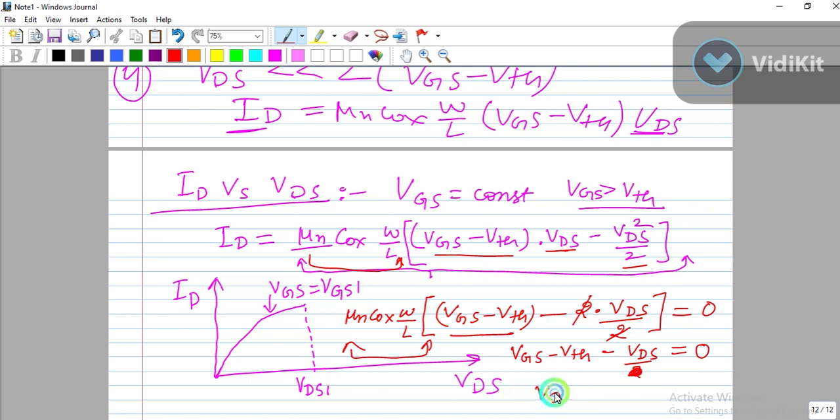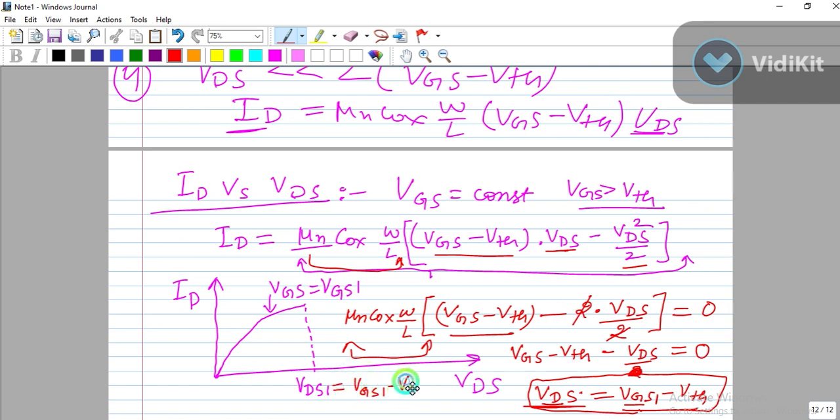So VDS becomes equal to VGS minus VTH. The VGS was VGS1, and VDS I was keeping VDS1, the maximum value. When VDS equals this, I get the maximum value of current.